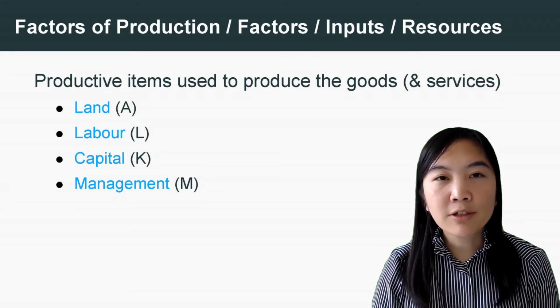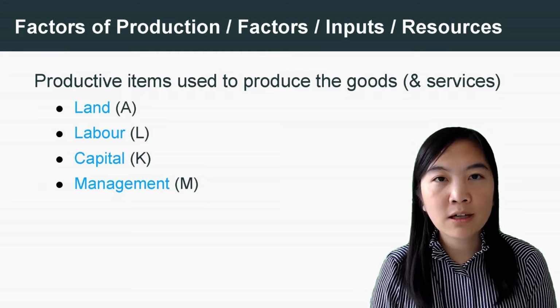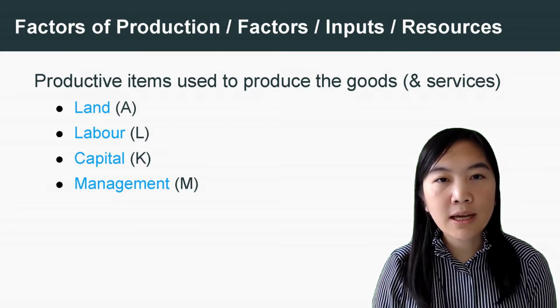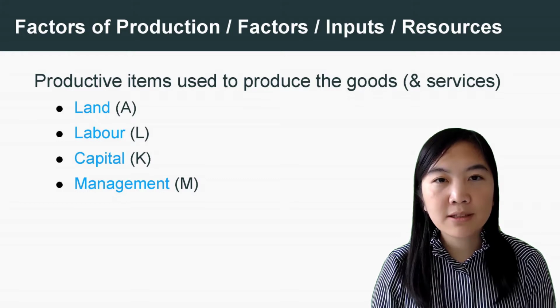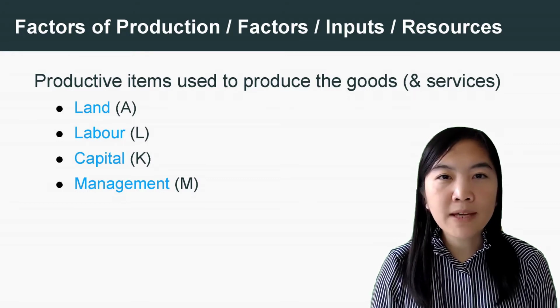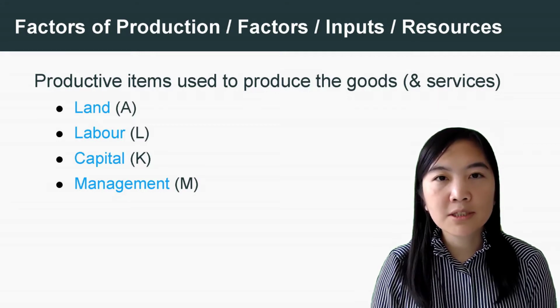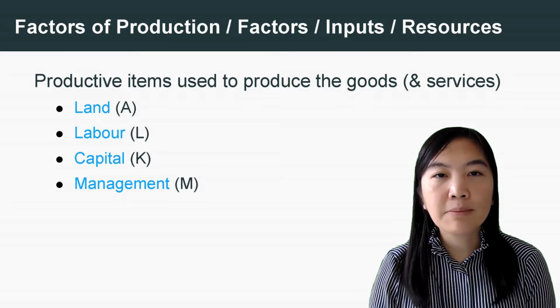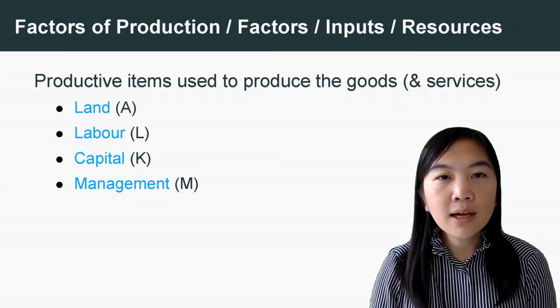There are typically 4 different types of inputs: land, labor, capital, and management. There are 4 different letters which economists or production economists usually use to represent those 4 types of inputs.